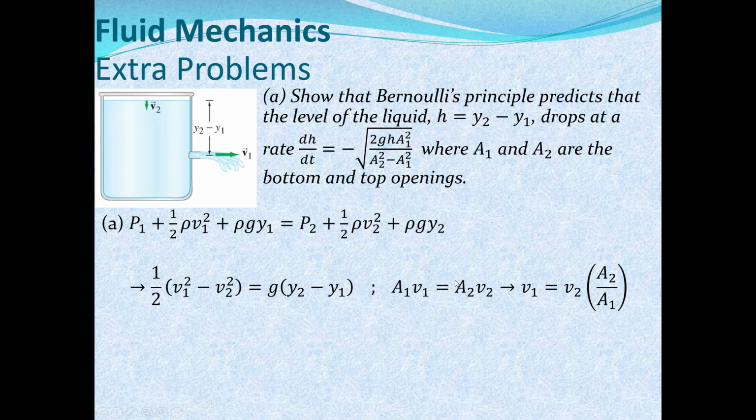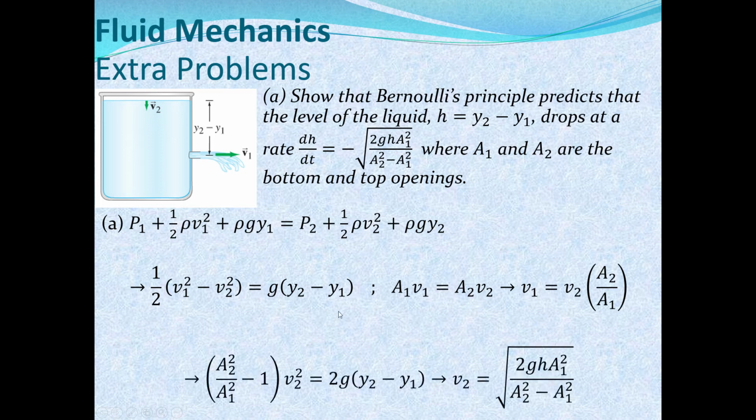Like I said, one thing I want to do is rewrite one of these velocities in terms of the other. It doesn't matter which one, so I'm going to take V1 and replace it with V2 over the ratio of the areas. That's coming from that continuity equation, the flow rate equation.